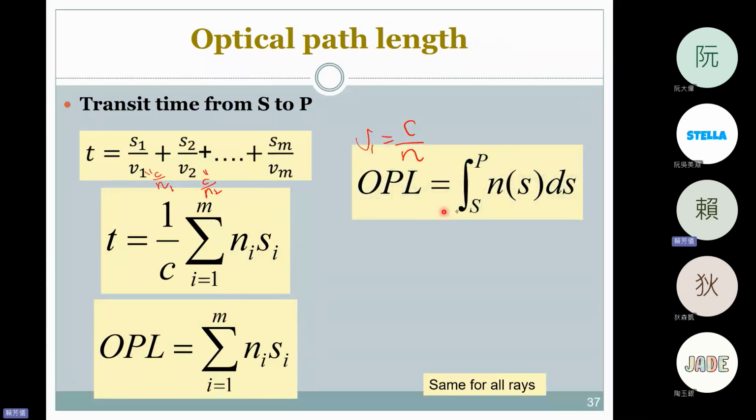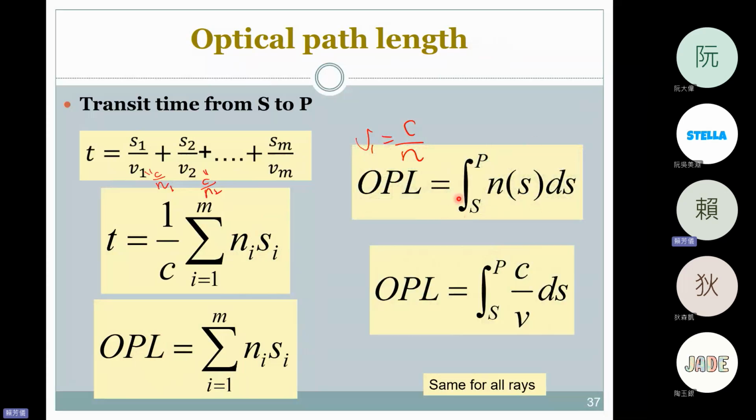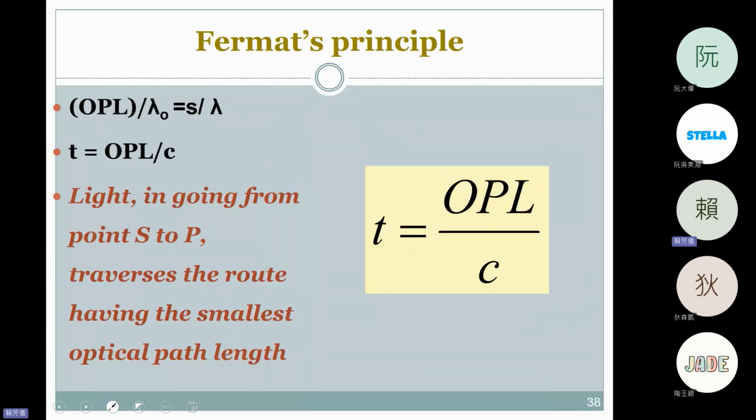It can also be written in integral form, like this. So the time spent will be the optical path length divided by the speed of light, c.